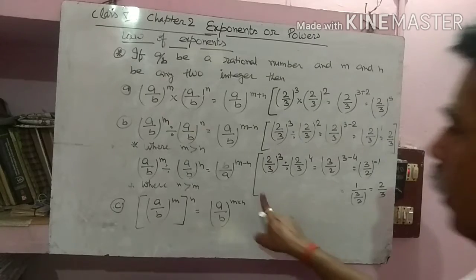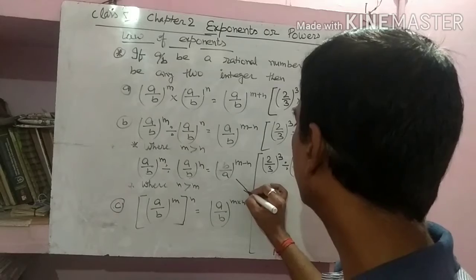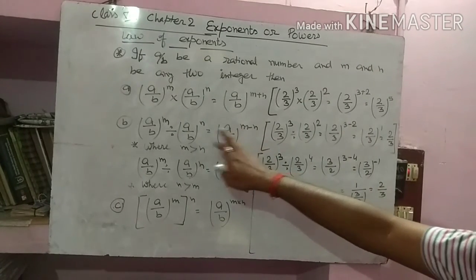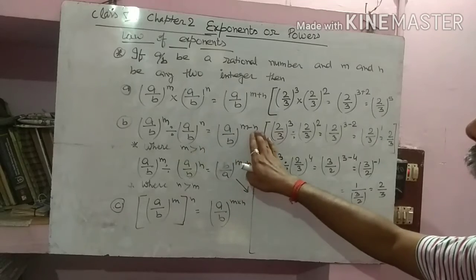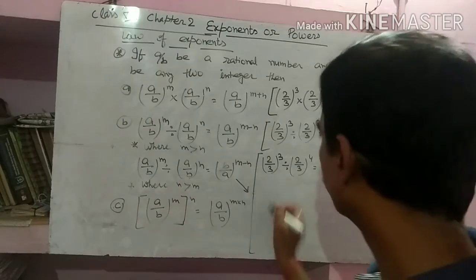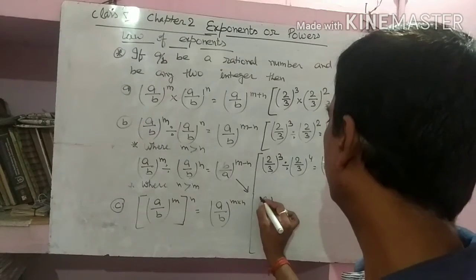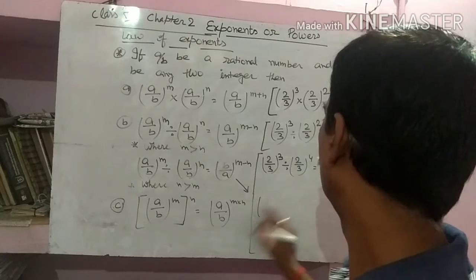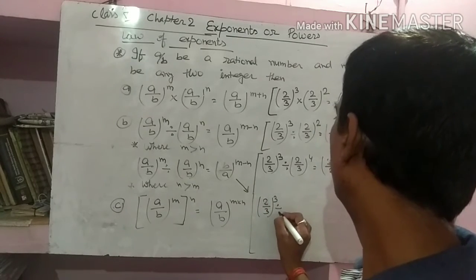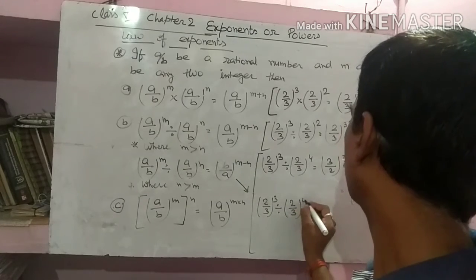Okay, if you do not want to think about which one is greater and which one is smaller, just know that the power of the denominator is going to be subtracted. In that case, suppose I have written 1 by 2 by 3 to the power 3 divided by 2 by 3 to the power 4.